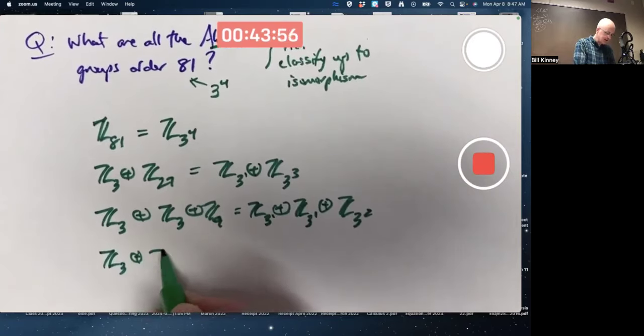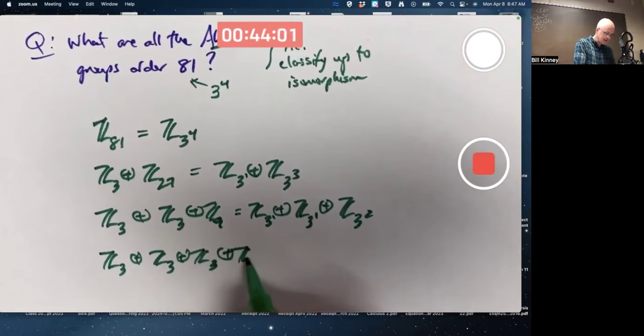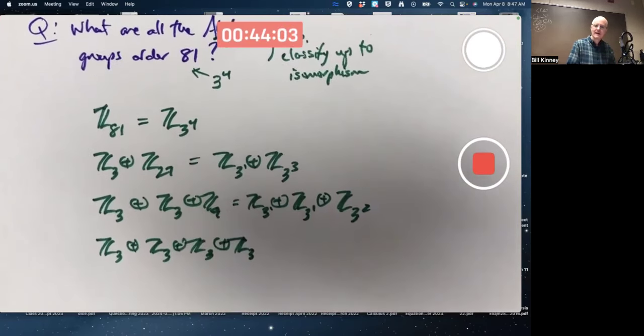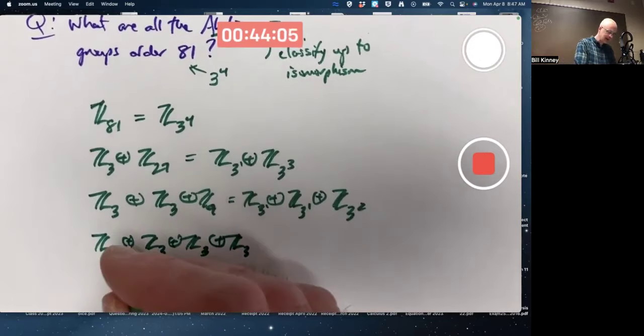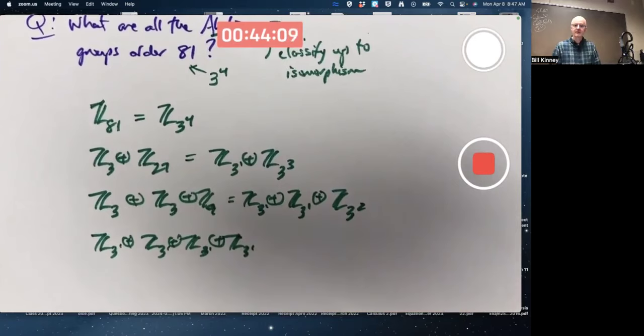The external direct product of Z3 with itself, having 4 factors, is yet another isomorphism class, and all those 3s could be thought of as being to the first power. Am I missing anything? Am I missing an isomorphism class? I am. Can you think of what it would be?